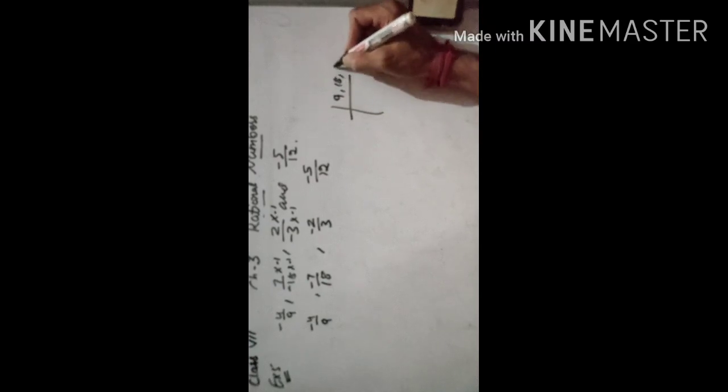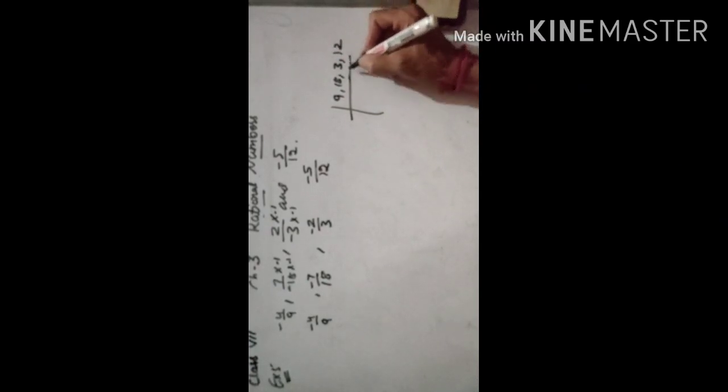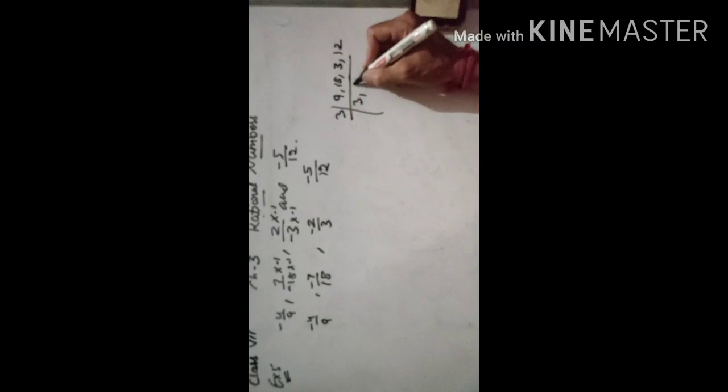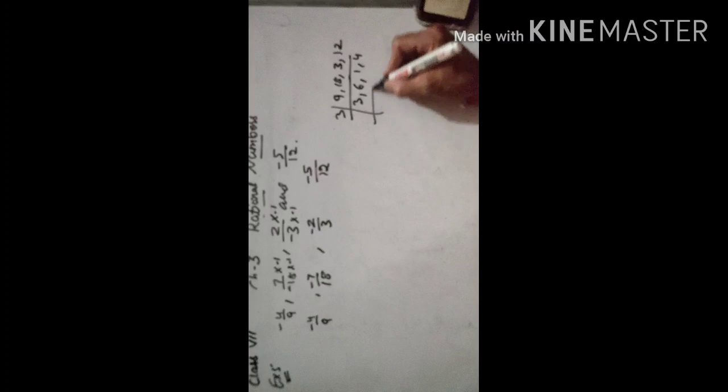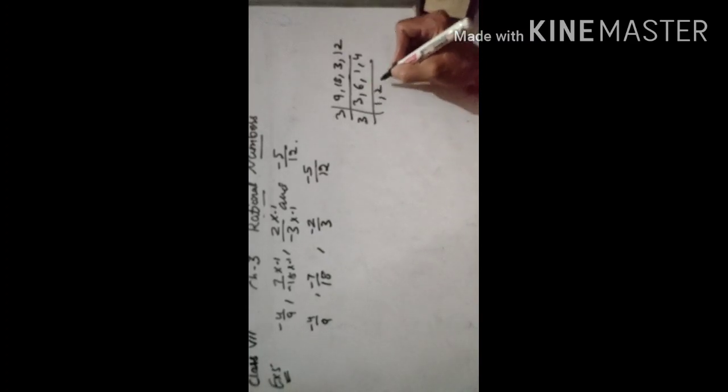3 3s are 9, 3 6s are 18, 3 1s are 3, 3 4s are 12. 3 1s are 3, 3 2s are 6, 1 and 4.